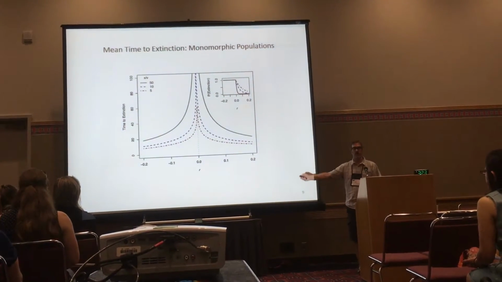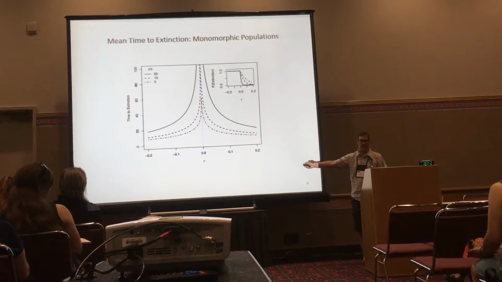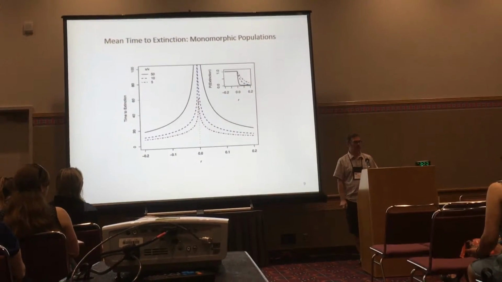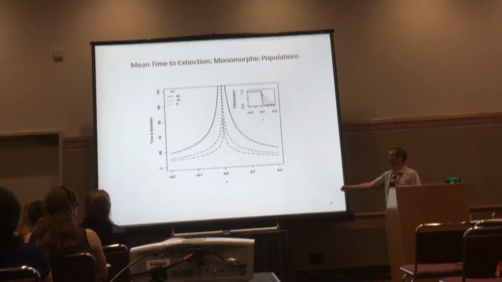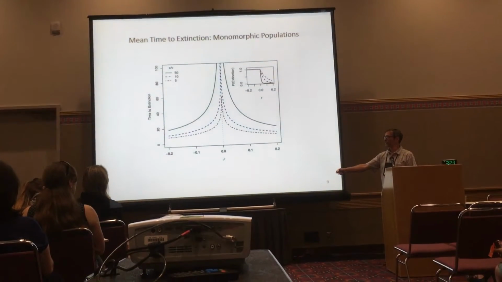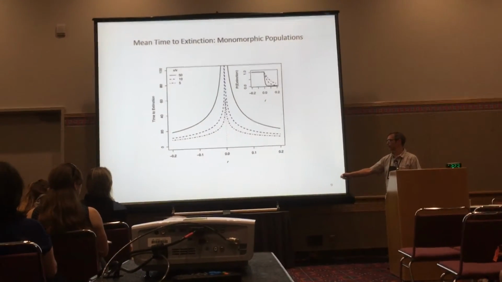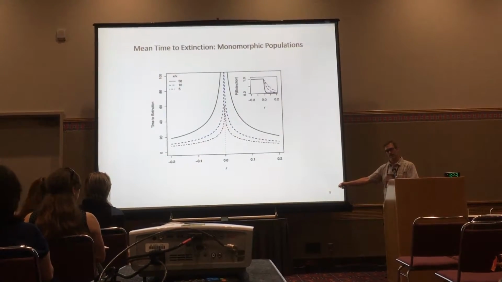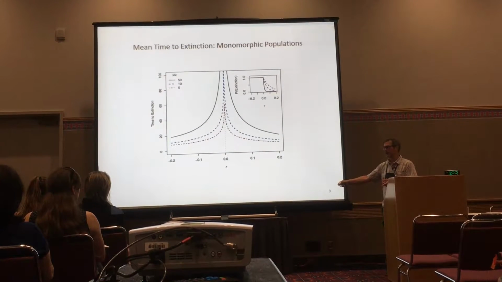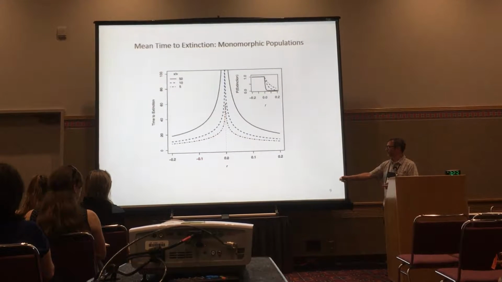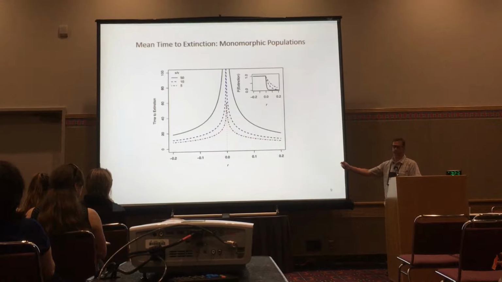So this is kind of a bizarre feature of this particular continuous branching process model that I'm looking at, but it makes it hard to ask what's the effect of a mutation that might move a population that's declining at 10% per time unit to one that's positive, because of the infinity.